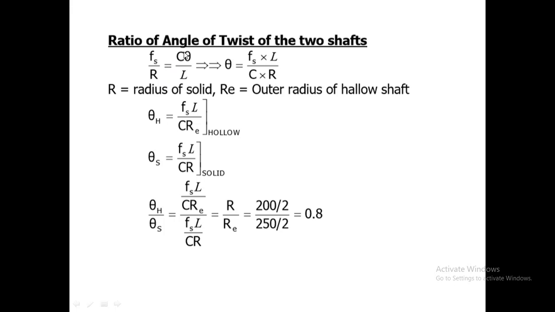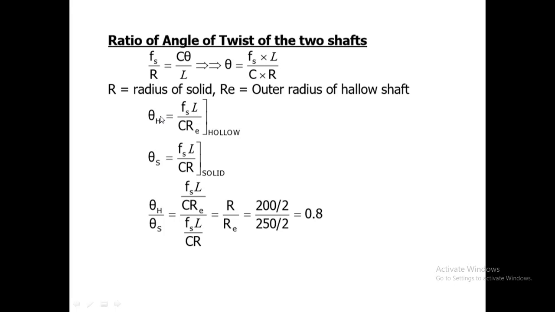Now we take the angle of twist on one side and readjust the other factors. This is the angle of twist for the shafts, given in terms of radius, where R is the radius of the shafts.